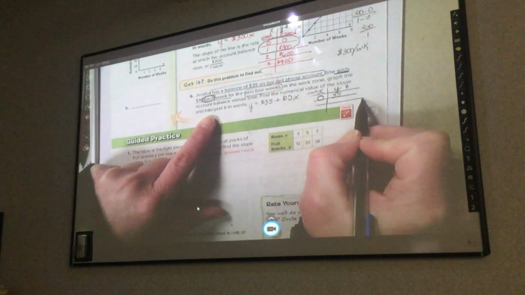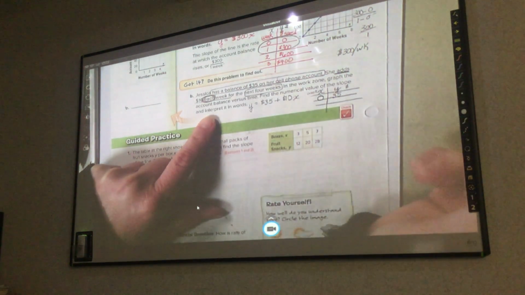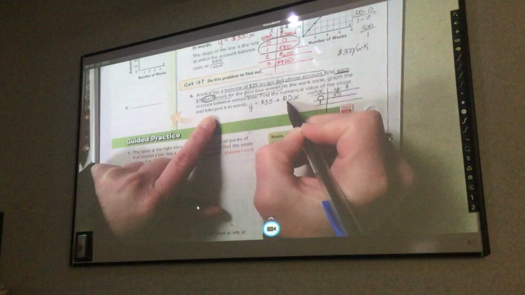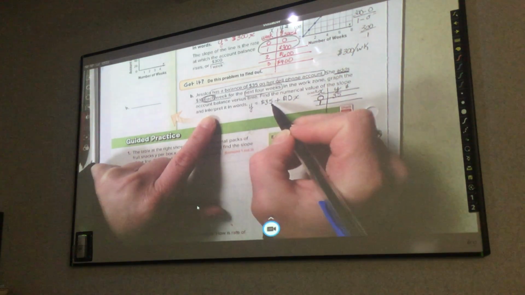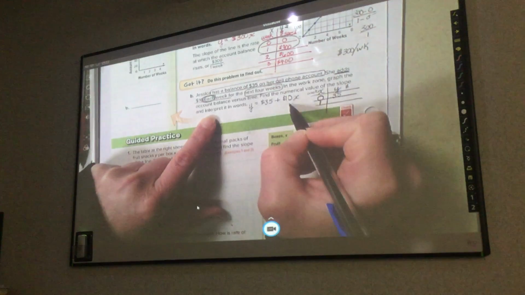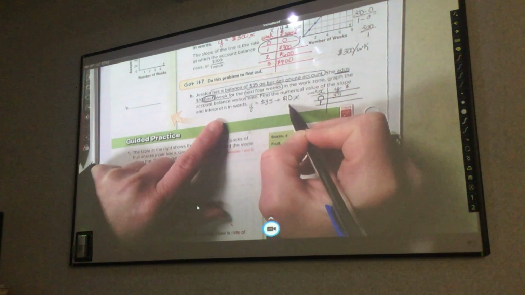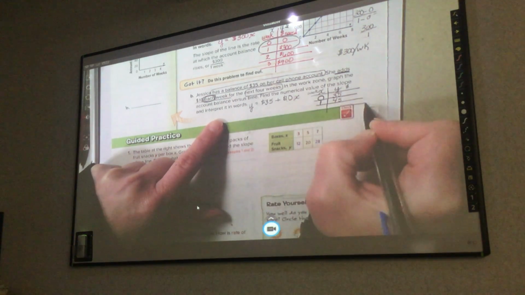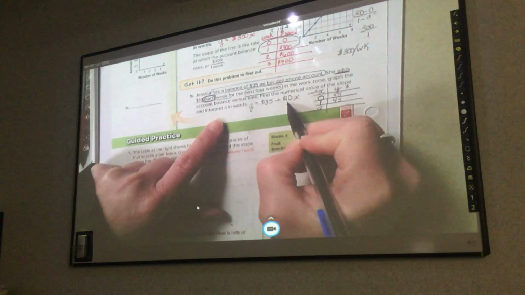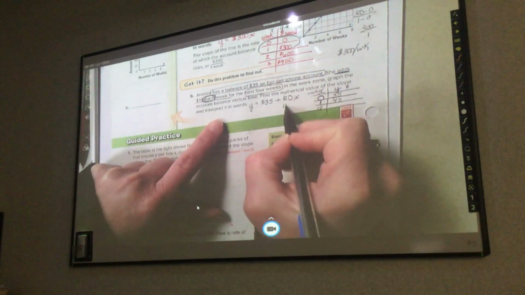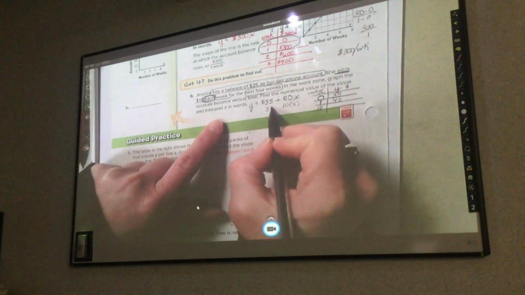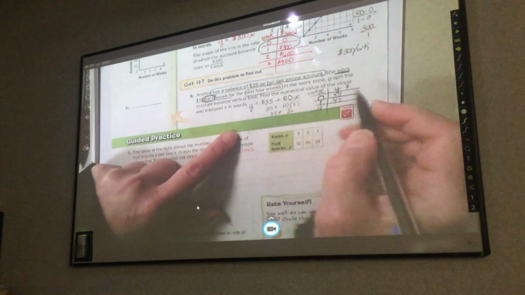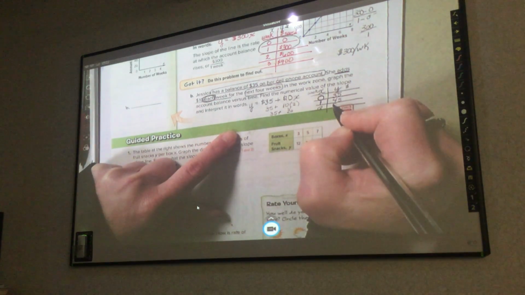So is this gonna be proportional? No, but it's still gonna be linear. In 1 week, 10 times 1 is 10, 35 plus 10 is 45. Second week, 10 times 2 is 20, so 35 plus 20 is 55.